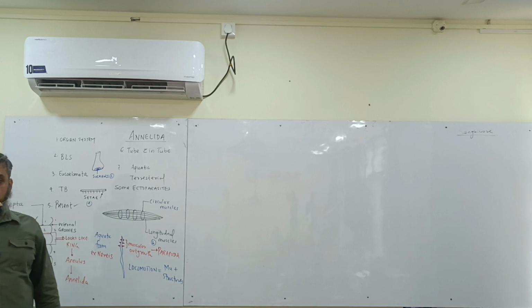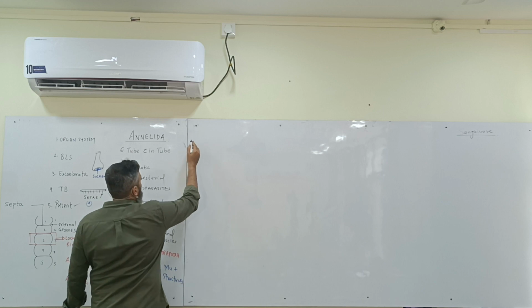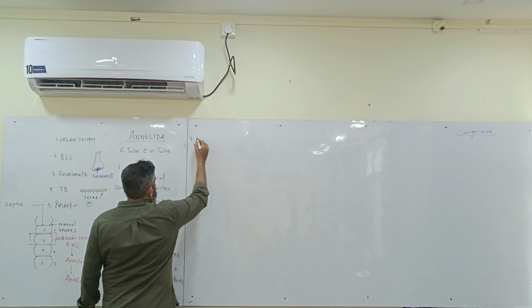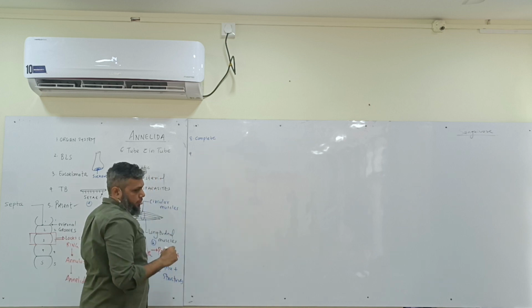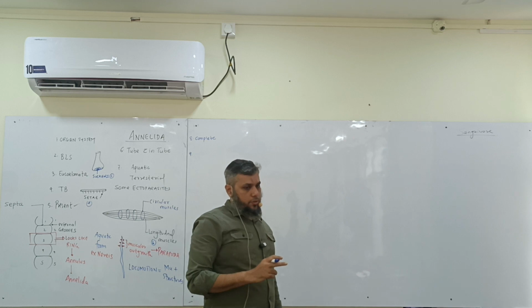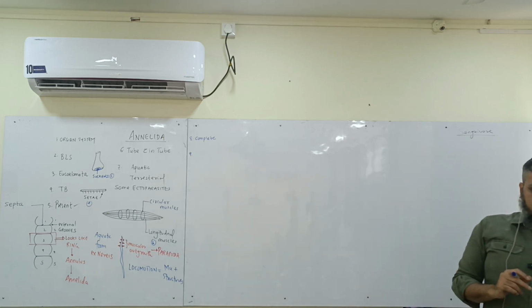Yes or no? Okay. Then, what's the next point, bachcho? Digestive system is complete with a mouth and an anus. And they also show the presence of digestive glands. What is present?